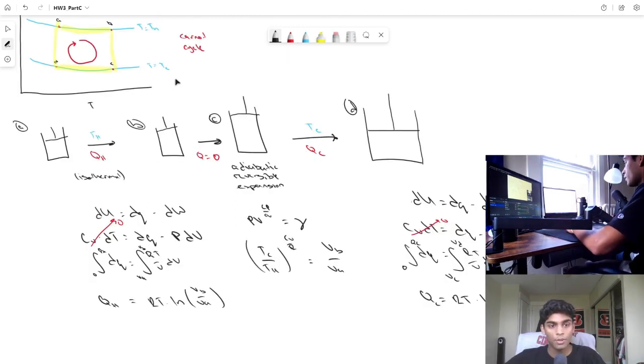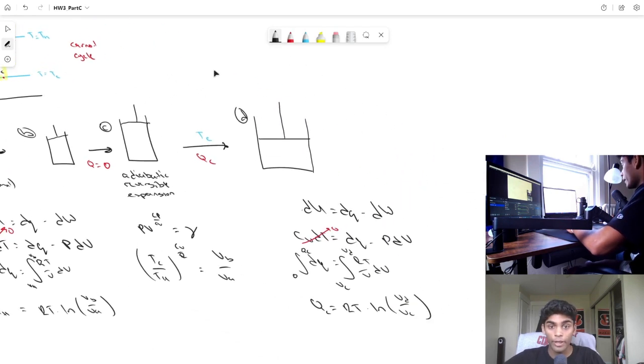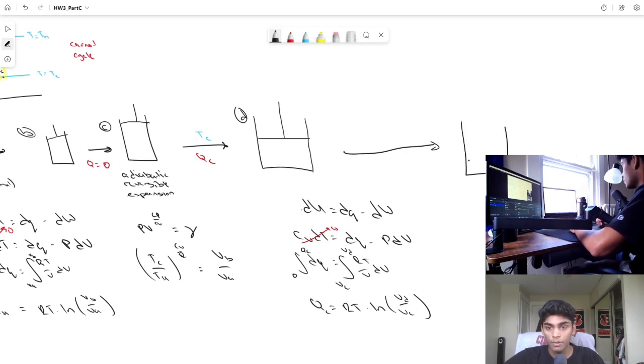Now the last step in the Carnot cycle is to go back to where we started at point A. This is going to be another adiabatic compression this time. So we're back at point A. We have an adiabatic compression, so Q still equals 0.